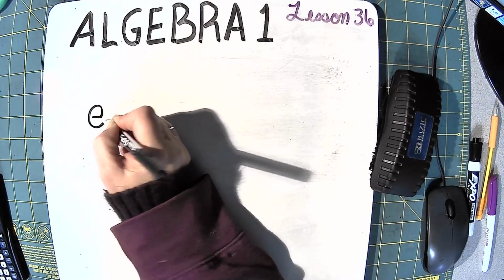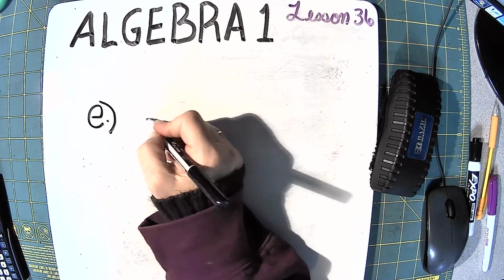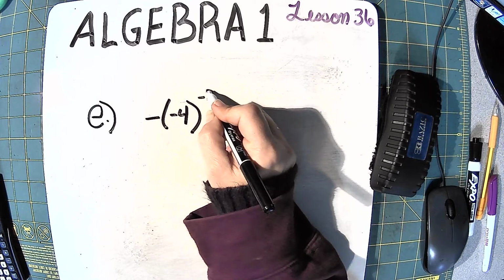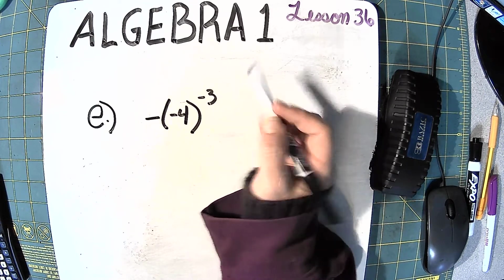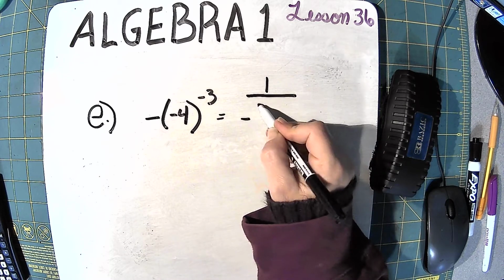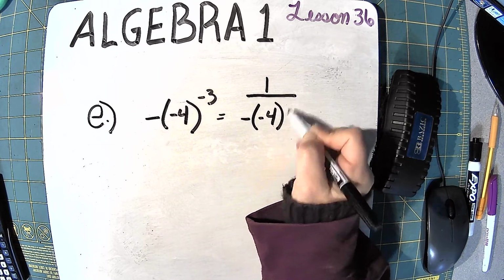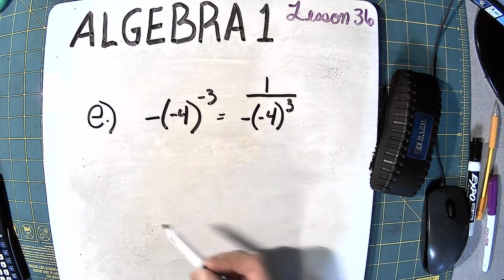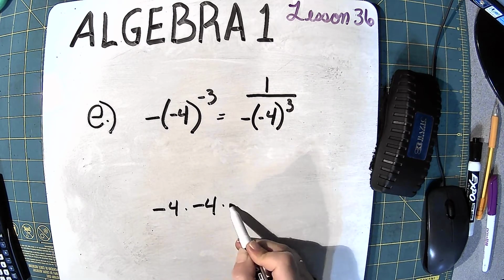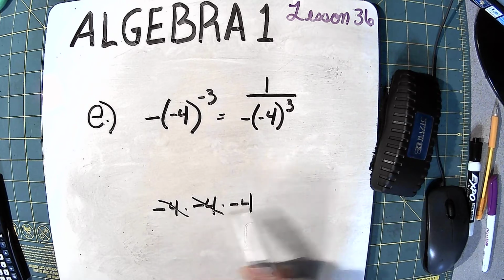E, negative 4 to the negative third. Okay, so to get rid of that, I'm going to move this to the bottom of a fraction. Okay, negative 4 to the third means negative 4 times negative 4 times negative 4. 4 times 4 is 16.